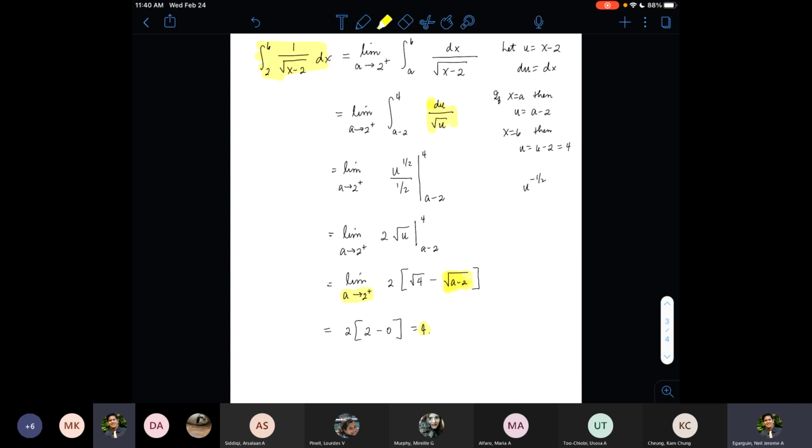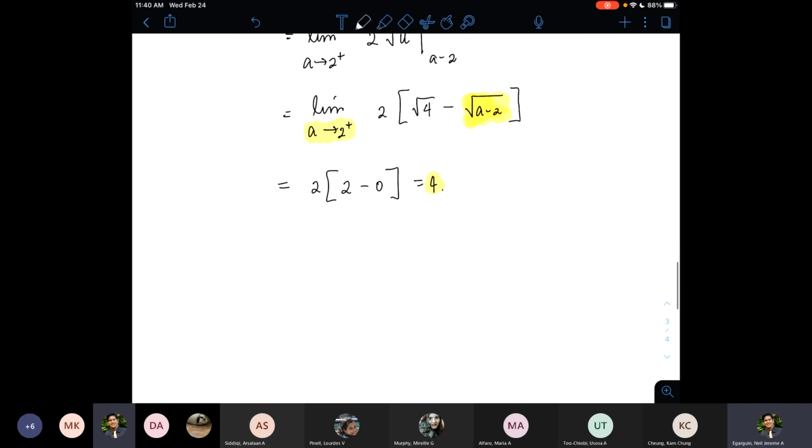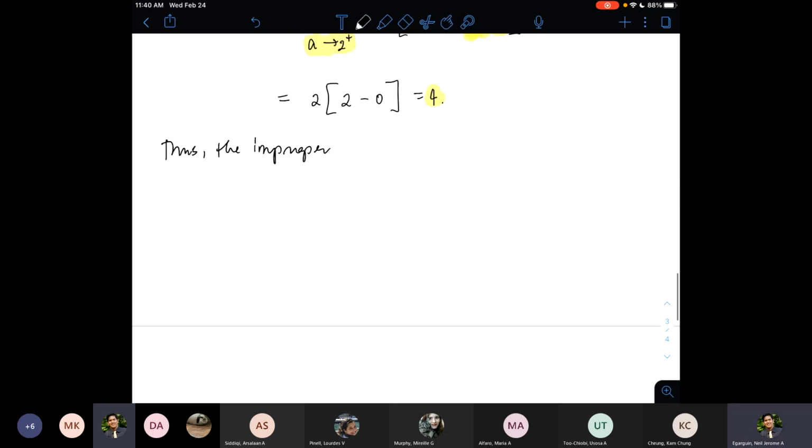And 4 is a finite number, so we say that this improper integral converges. It's convergent because we found a finite answer to the limit. Okay? Is that good, guys?